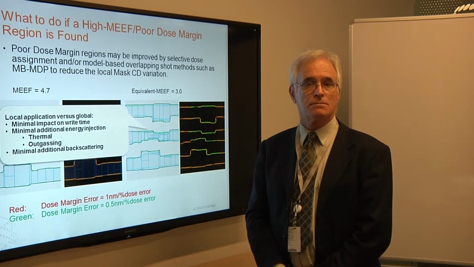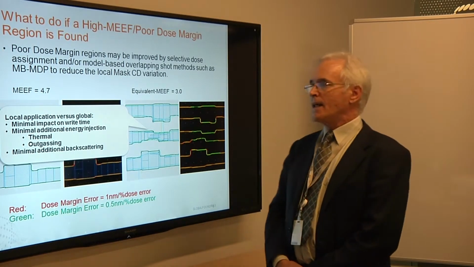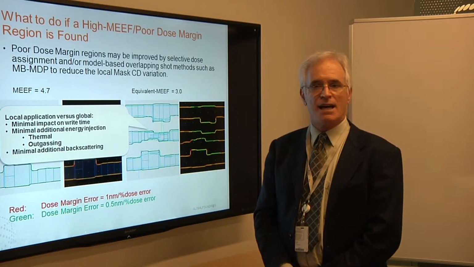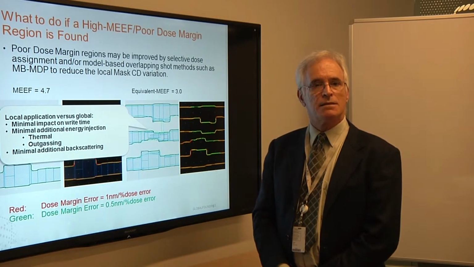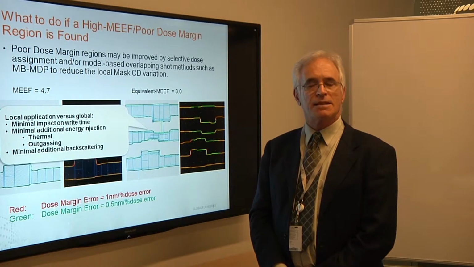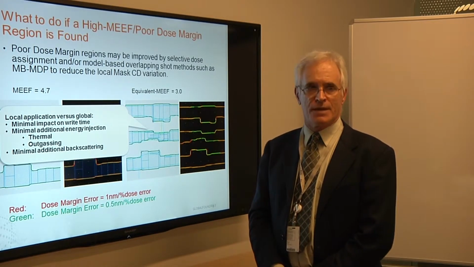Now, would you use this in a obviously complex mask in a multiple patterning setting, or what kinds of masks do you envision? Any mask that has high MEF, that has high mask complexity, would be an ideal candidate for this.